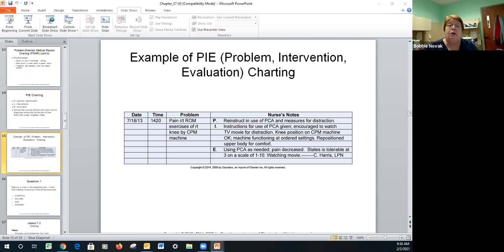You do all your documentation at one time using the PIE process. If you notice with your SOAP note, the SOAP is all one time, but with the SOAPIE notes, your interventions and your evaluations are timed at a different time.